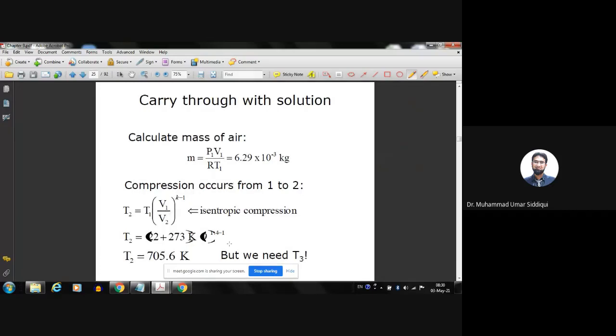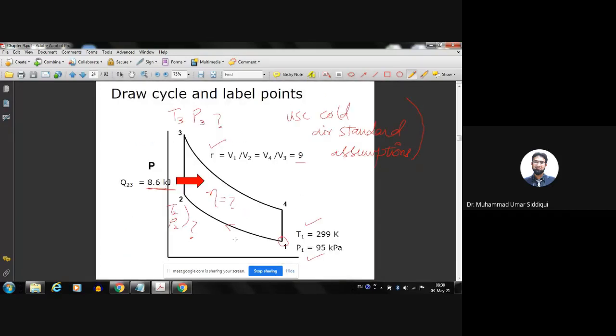First of all, since we know the volume of the cylinder, we know V1 and V4. So V1 equals V4 equals the volume of the cylinder.